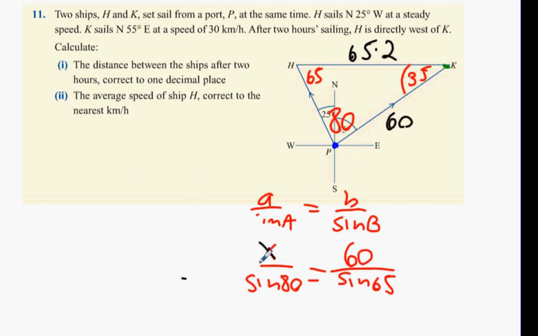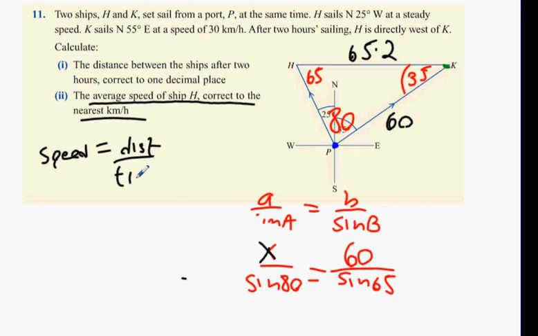So, we have to find the average speed of ship H. We know speed equals distance over time. We know the time is 2 hours. What do we not know? The distance.